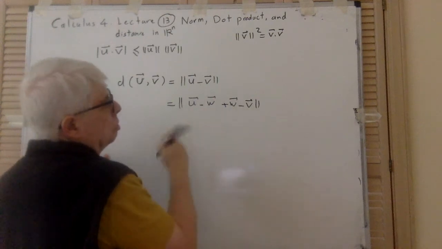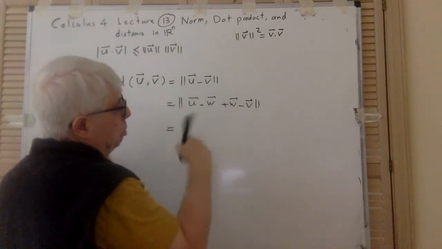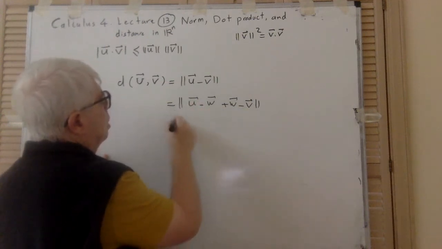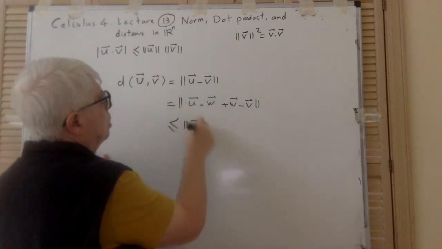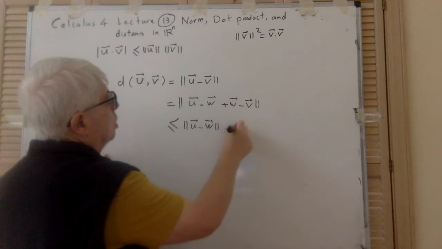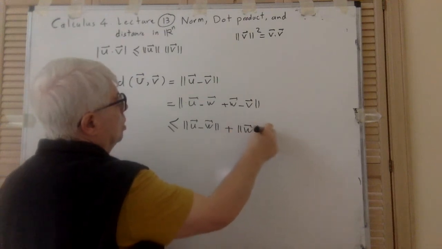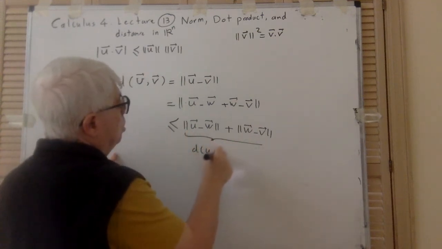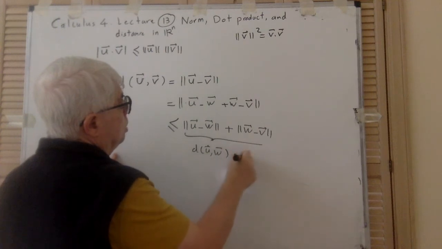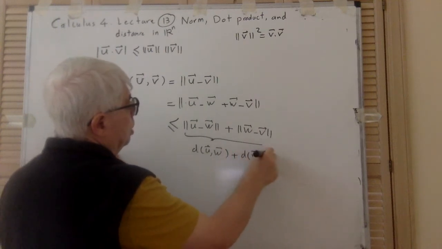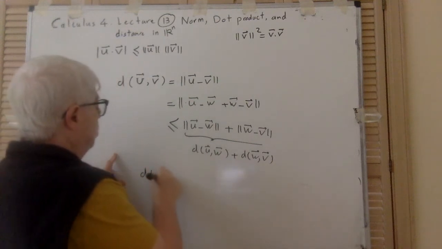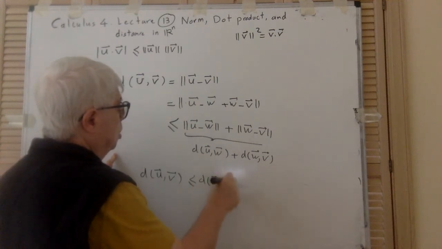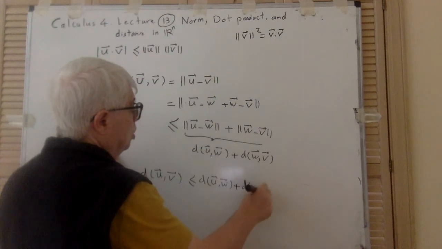These two cancel out. So by the previous one, this is a vector plus another vector, so this is less than or equal to the norm of this plus the norm of this. And this guy here is in fact d of u and w, and this is d of w and v. So we have proved that d of u and v is less than or equal to d of u and w plus d of w and v.